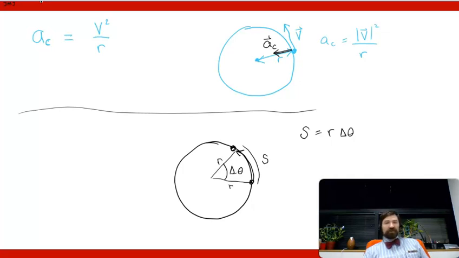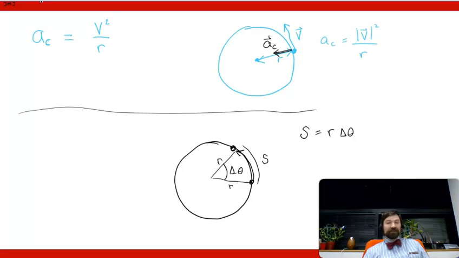Again, imagine making the delta theta into a 2 pi, in which case you've gone all the way around the circle once. Then the circumference, 2 pi times r, is the distance that you've traveled through that circle. If you go through a pi, you've gone through half of a circle, which means you have half of a circumference, pi times r, that you've swept out.